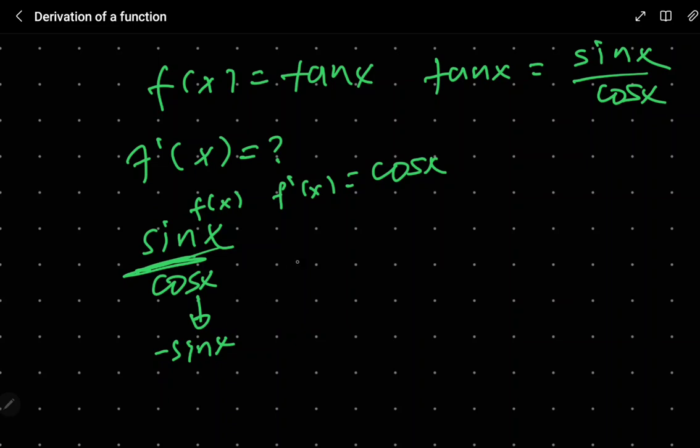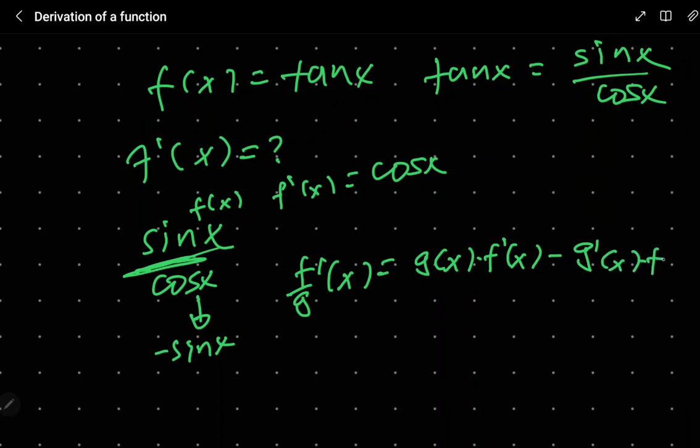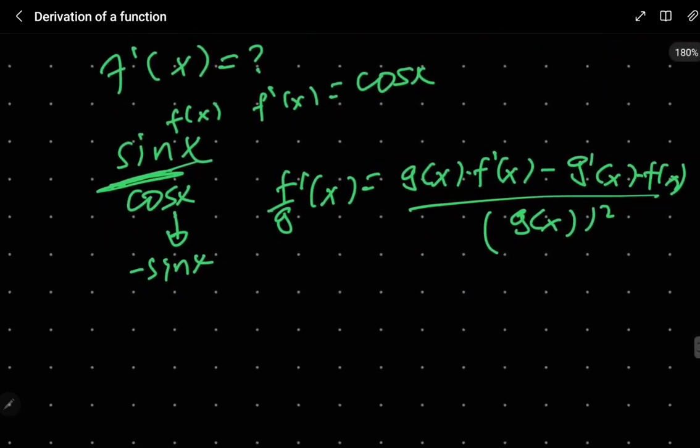Now the formula says the derivative of f over g is g of x times f'(x), minus g'(x) times f of x, over g of x squared. This is how the quotient rule works.